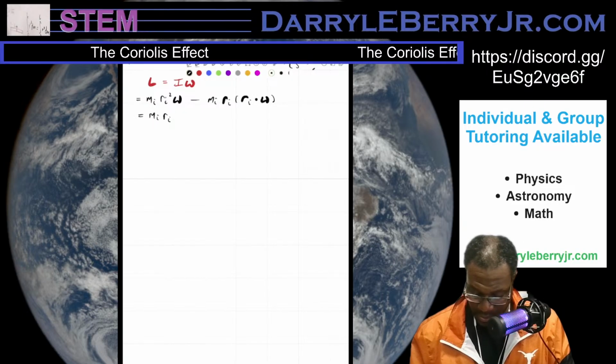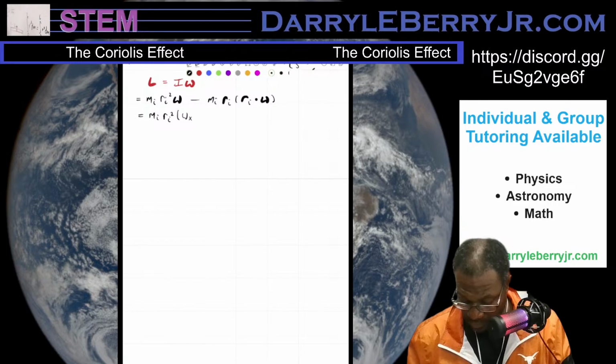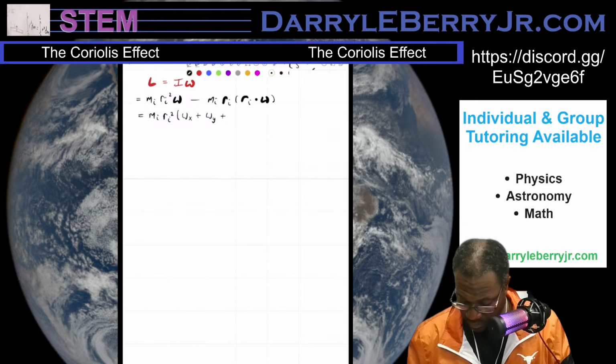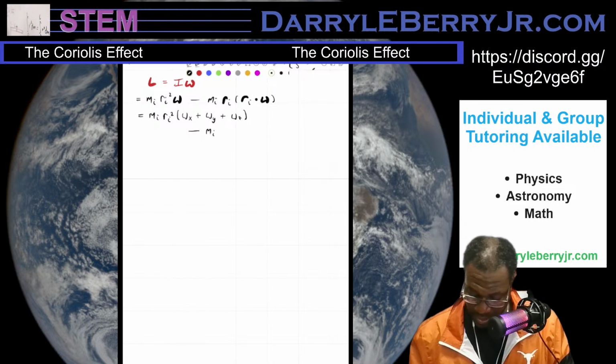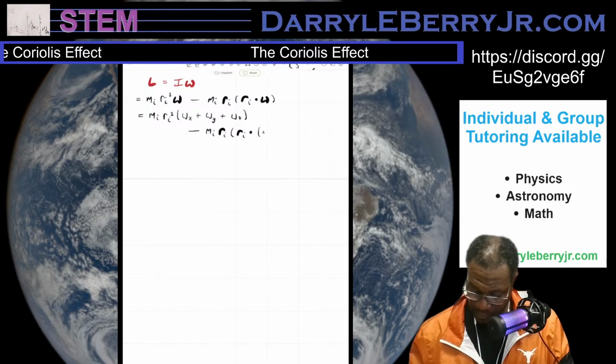mi ri squared omega. Oh, I'm doing this incorrectly.